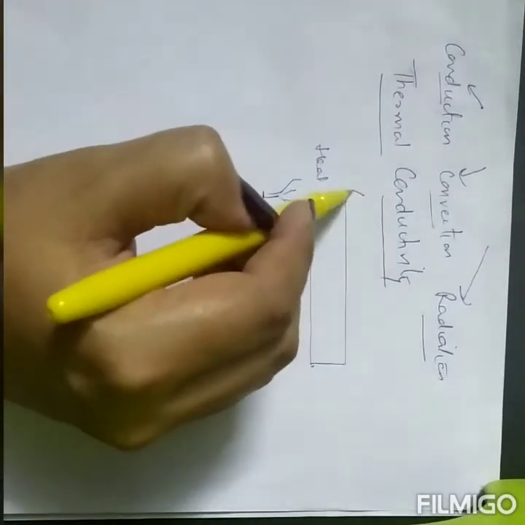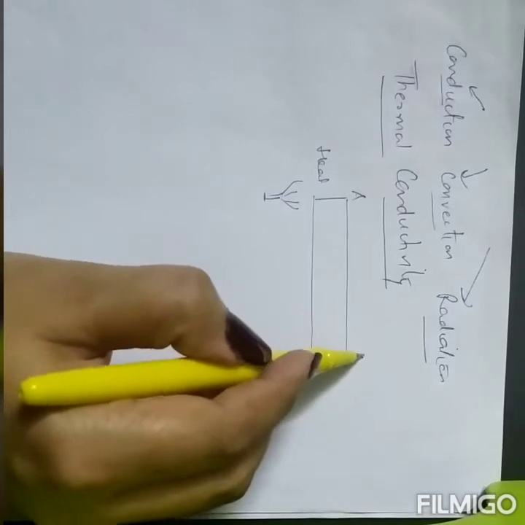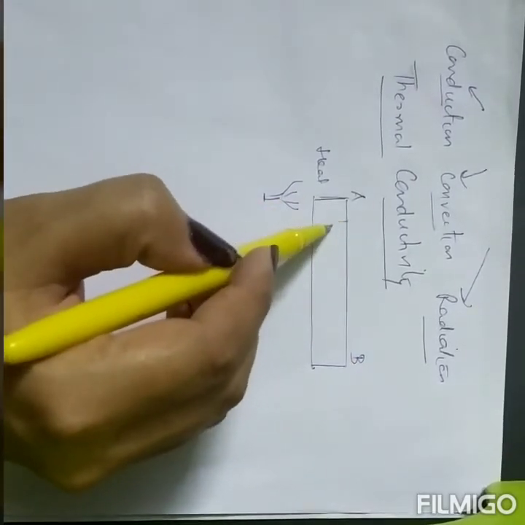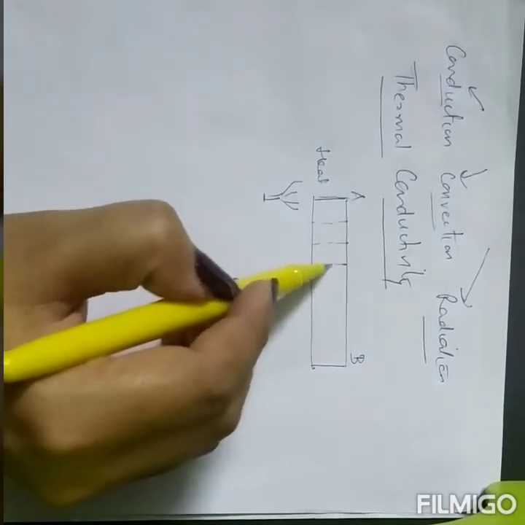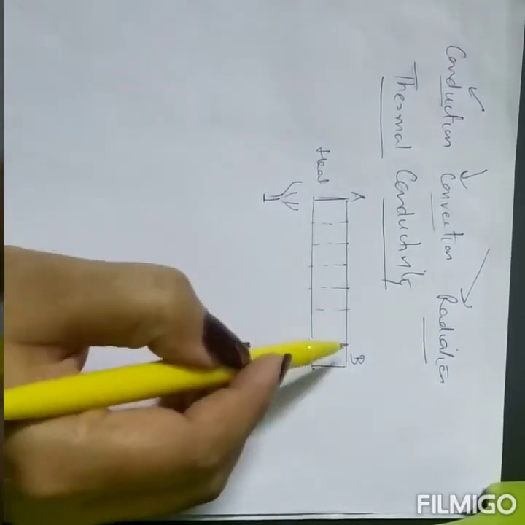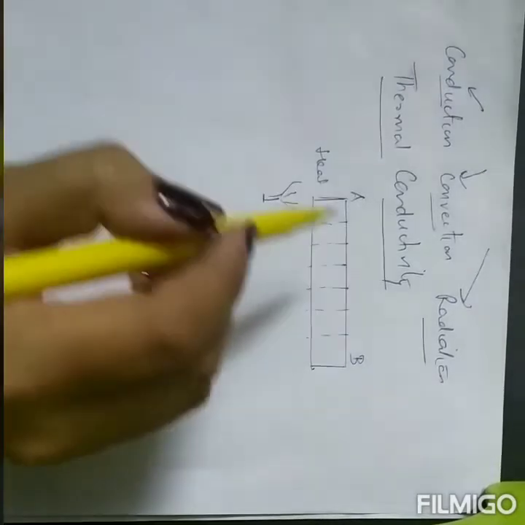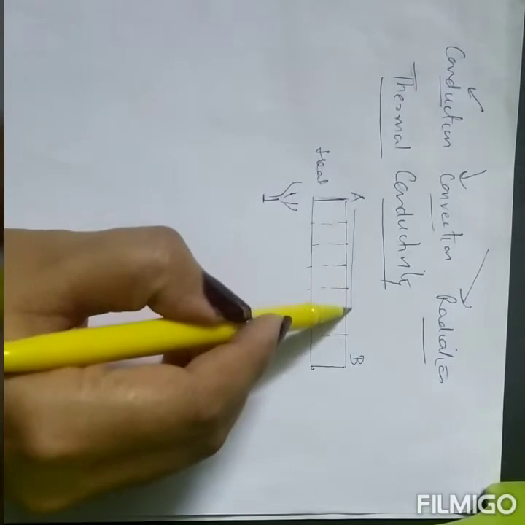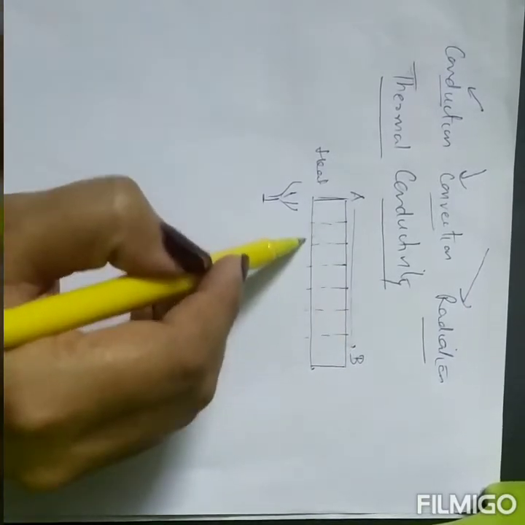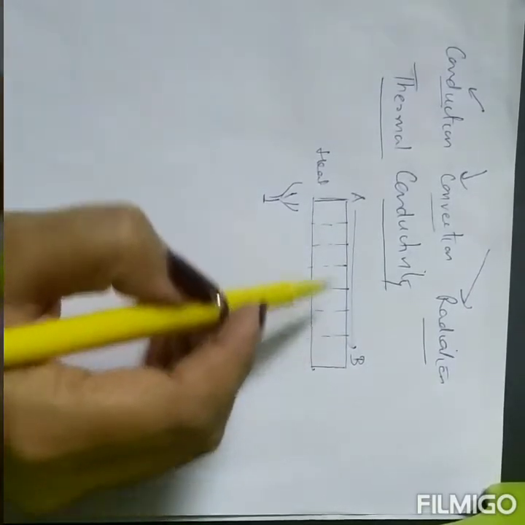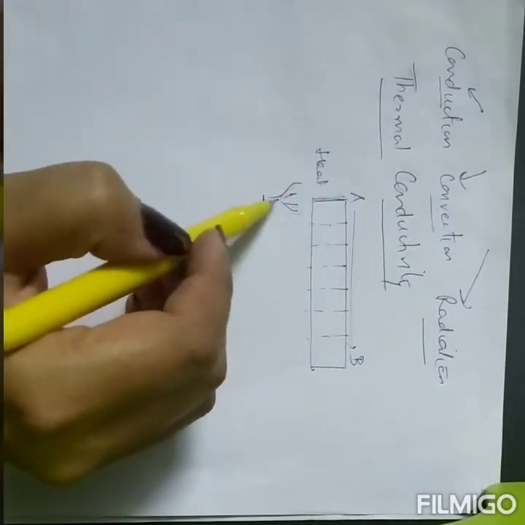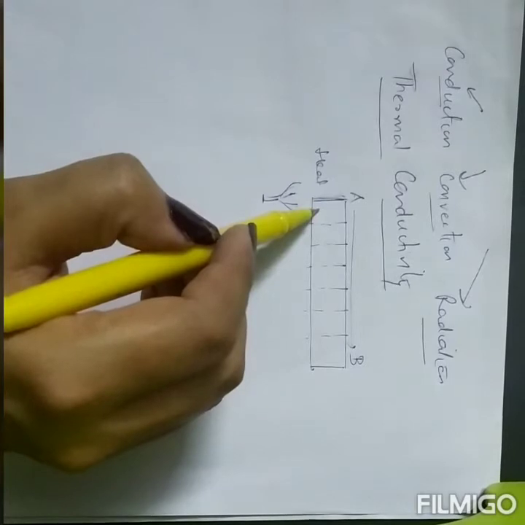Now what is happening? Suppose A is the hotter end and B is the colder end. Suppose we divide it into different sections. When you are heating it, as we move towards the far end, the temperature of that part decreases. The part very close to the heat source has a very high temperature.